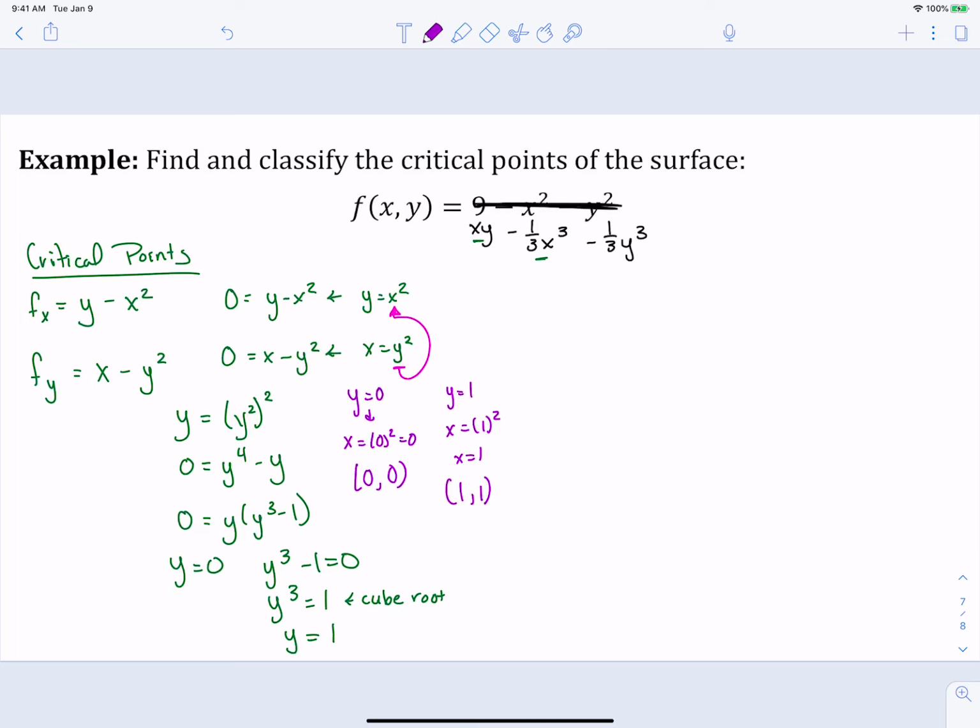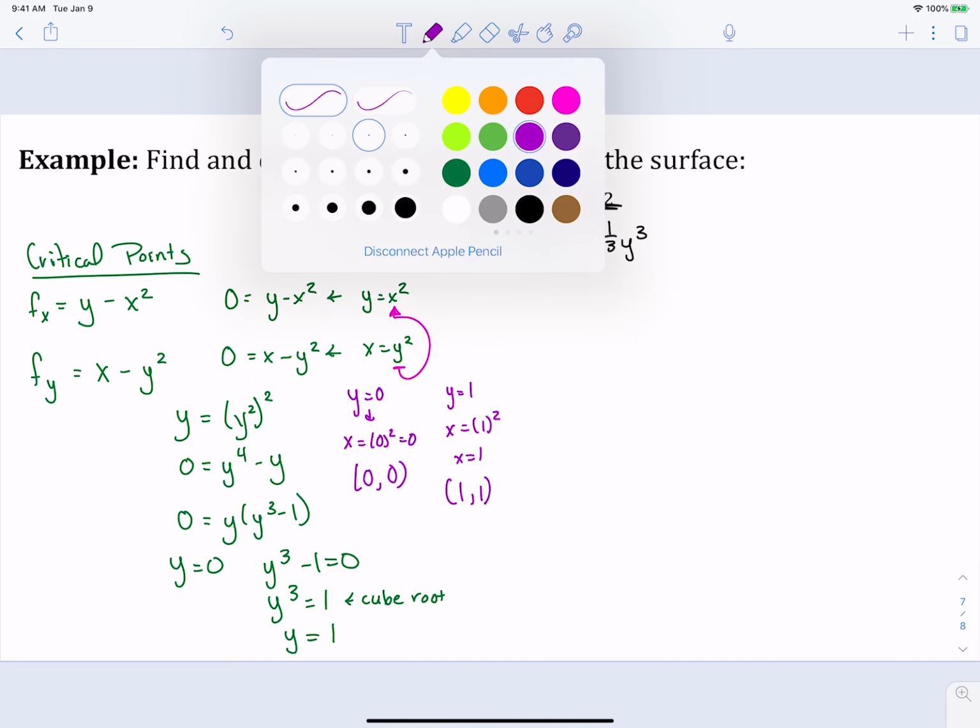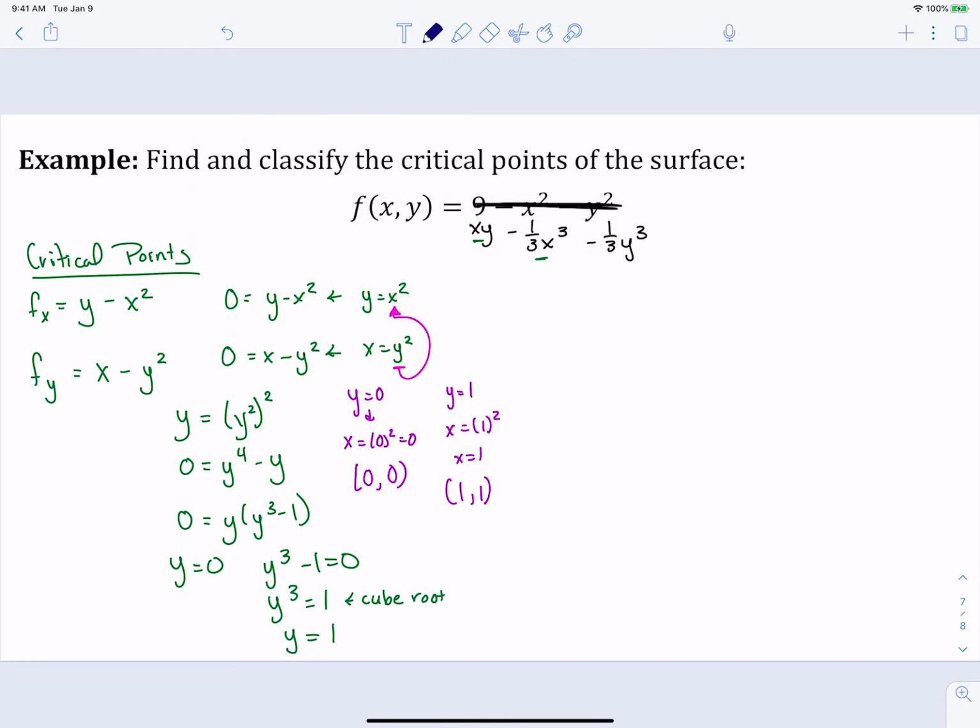So we have 2 things that we need to take a look at and see what's happening with those 2 points. So again, we've got to go to that second derivative test. So what we need to do is find those second order partial derivatives. So f of x x, let's see, derivative of y is going to be 0 minus 2x.